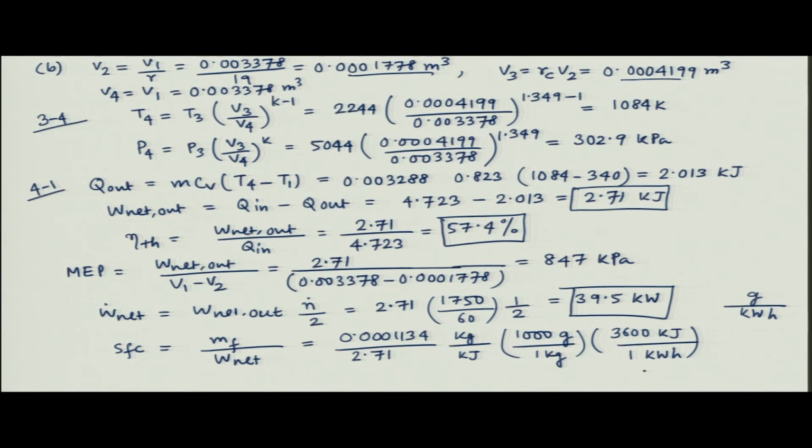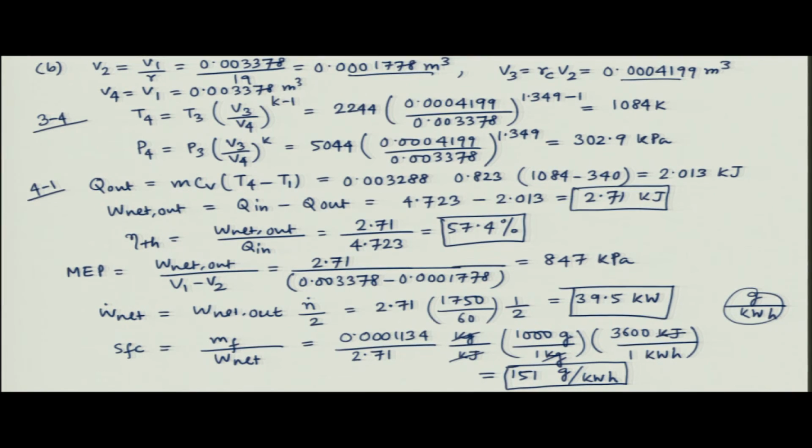Now if you calculate, this will cancel and you will get gram per kilowatt hour unit. So, specific fuel consumption will be 151 gram per kilowatt hour. So, that is the final question.